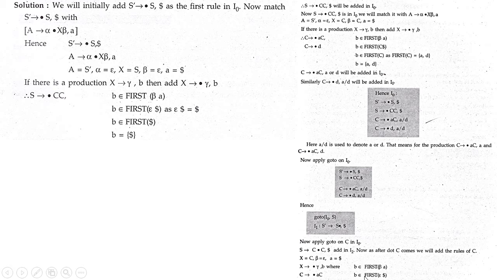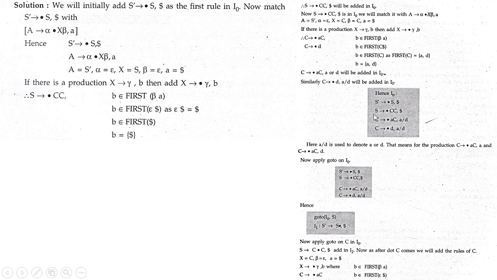So we find beta, B belongs to first of this. Repeat this process, you'll get C derives dot D. So you get B belongs to first of dollar. So in I2 you can have C derives dot AC dollar and C derives dot D dollar.